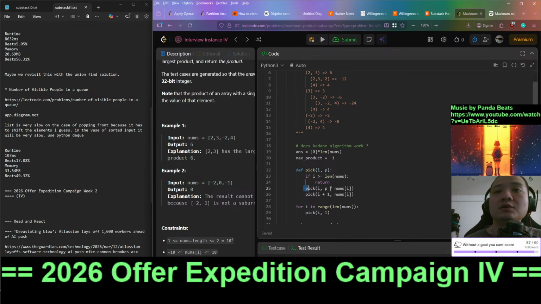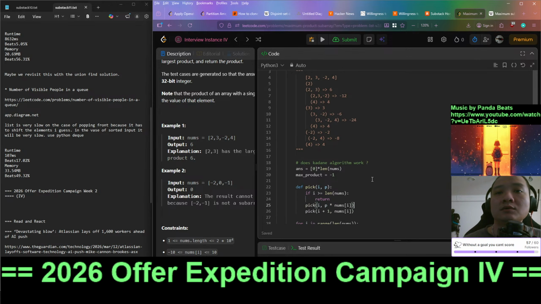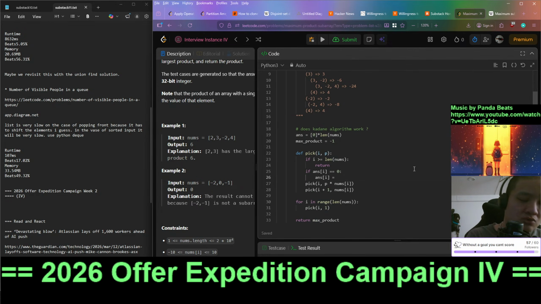So we would go in here. So basically if ans[i] is 0, then ans[i] equal to max of b, right?